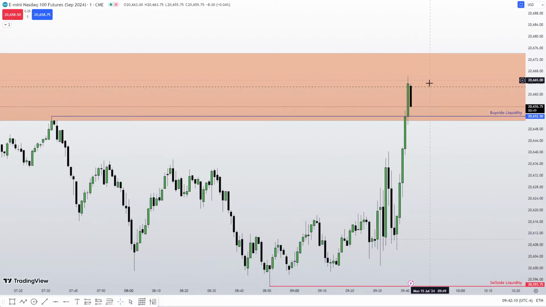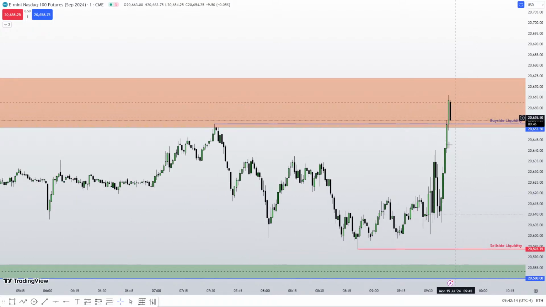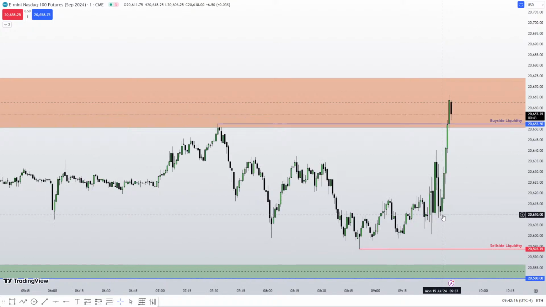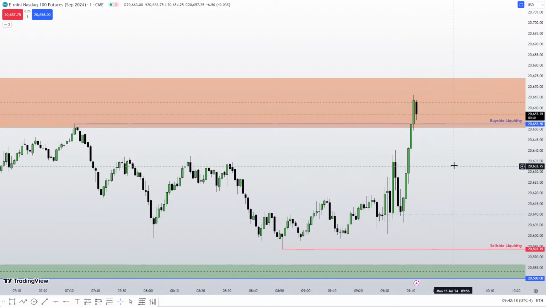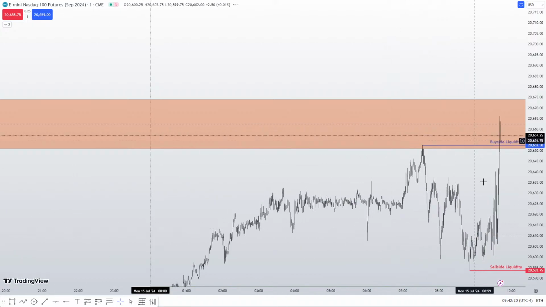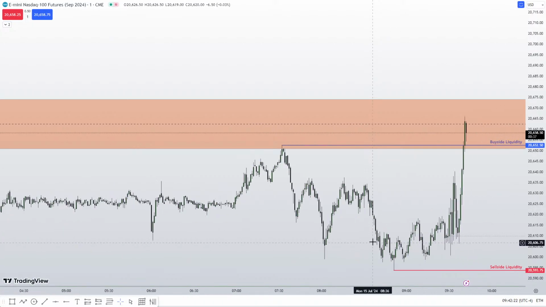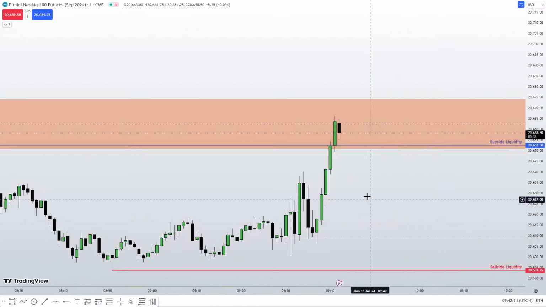We again tapped into the BPR CE level. I'm watching all this as a Judas swing. I think this is just a Judas swing. We will eventually fall, most probably, but right now, while it's not falling, just enjoy the ride.